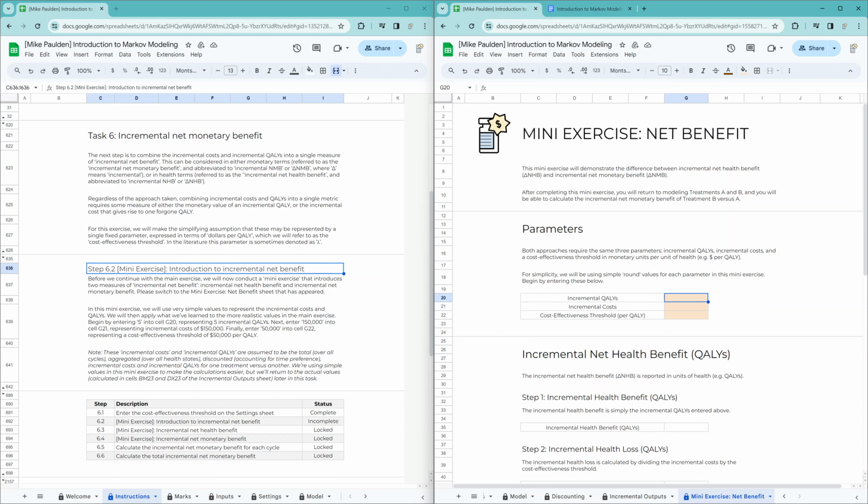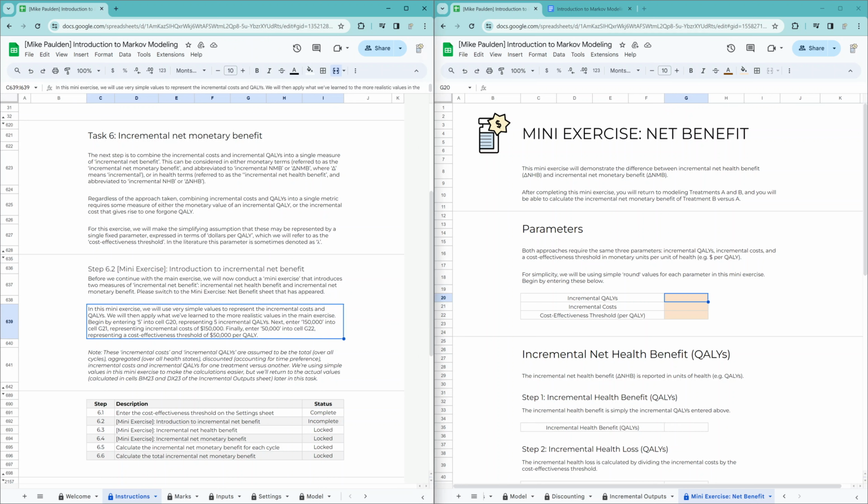Just for the sake of example, for the incremental QALYs, we are going to enter 5 incremental QALYs into G20. So just put 5, press enter. And then incremental costs, we're going to assume are $150,000. And of course, in the main model, it's much more complicated than this. It's not exactly 5, it's not exactly $150,000.